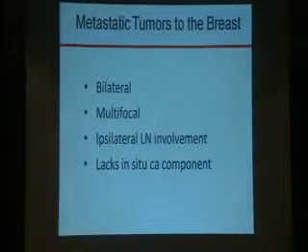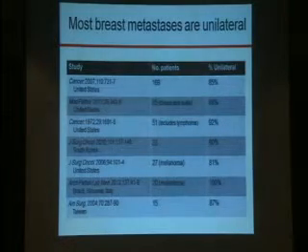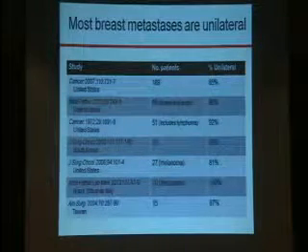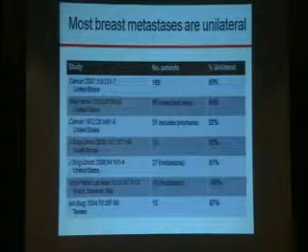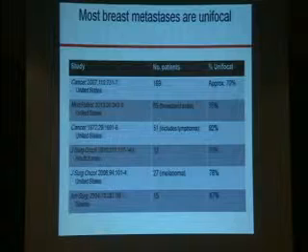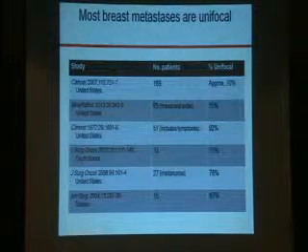The traditional teaching is that breast metastatic carcinomas are usually bilateral, multifocal. Ipsilateral lymph node involvement is not that common and lacks an in situ carcinoma component. In our recent review, we actually disqualified almost all of these points. And when you do an extensive literature search, most breast metastases are unilateral lesions, and most breast metastases are unifocal.